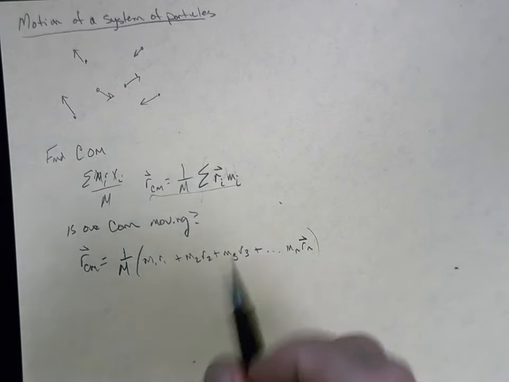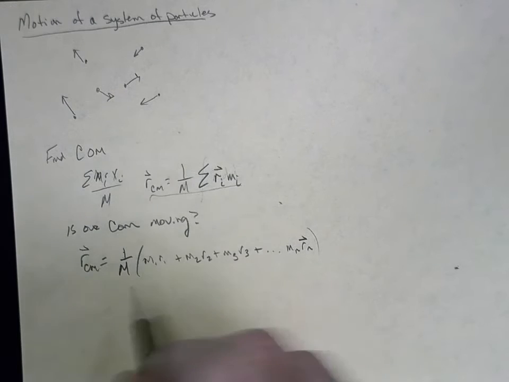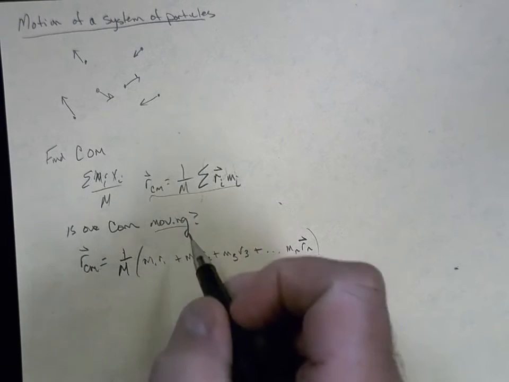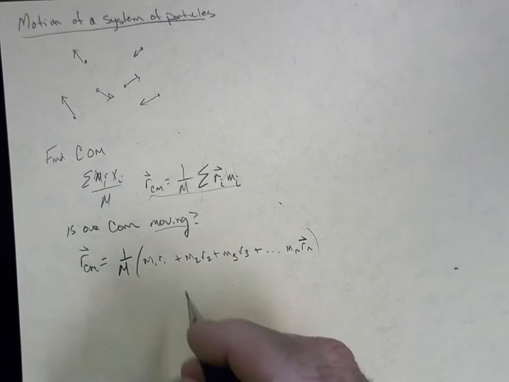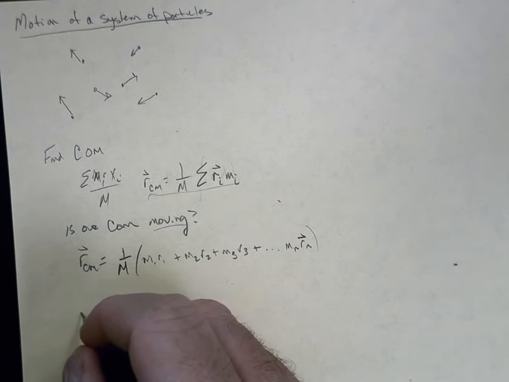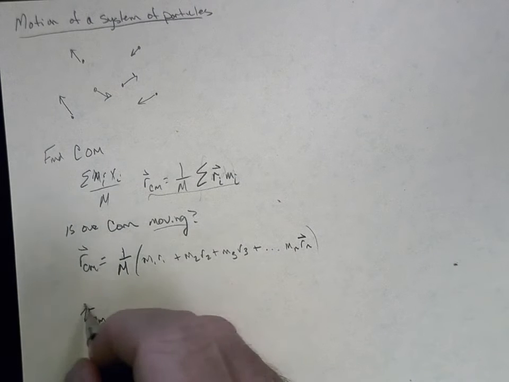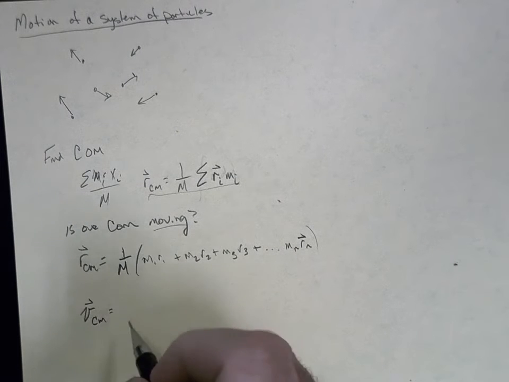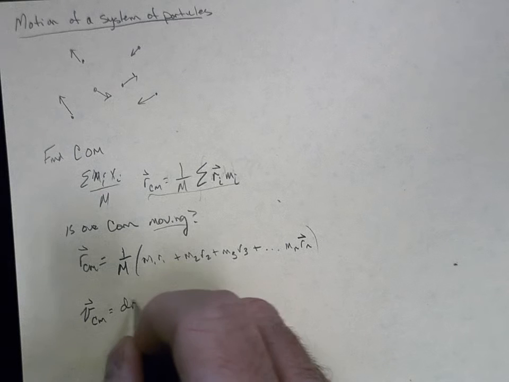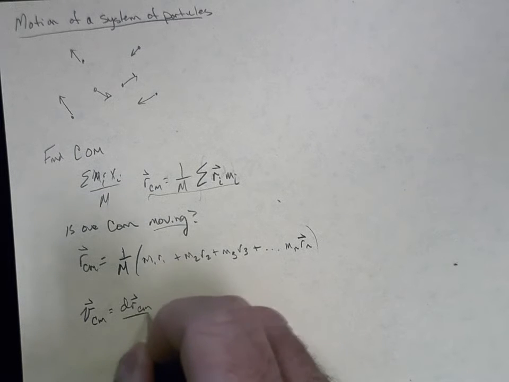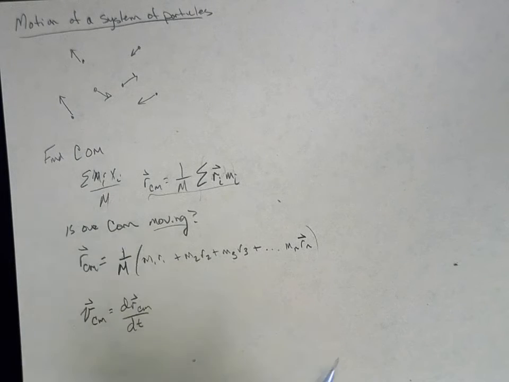And that's going to be the position of our center of mass, but we want to see if it's moving. And so we're actually looking for the velocity of the center of mass. But what is velocity but dr of our center of mass dt?